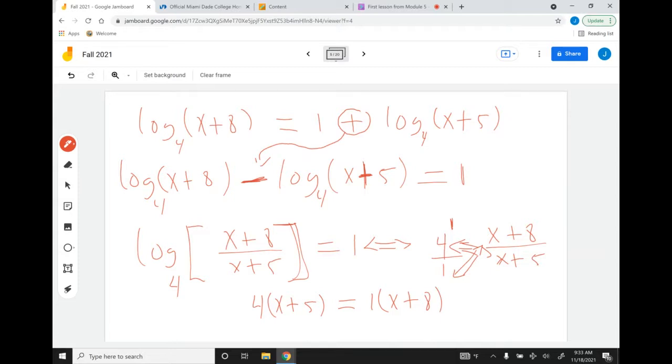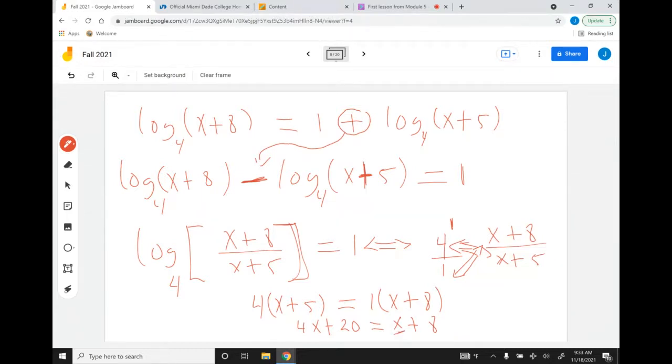Okay, and let's see, I'm going to have to move to the next frame. I don't have the space. Maybe I do. This will be 4x plus 20 equals x plus 8. And then I'm going to move this x to the other side.